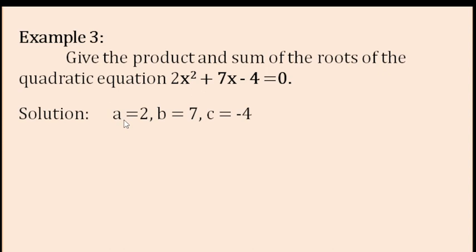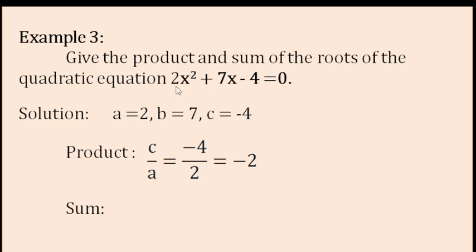Here a is 2, b is 7, c is negative 4. So it's negative 4 over 2, which is negative 2. And the sum of the roots is equal to the opposite of b over a. So in this case, it's negative of 7 over 2, which is negative 7 over 2.